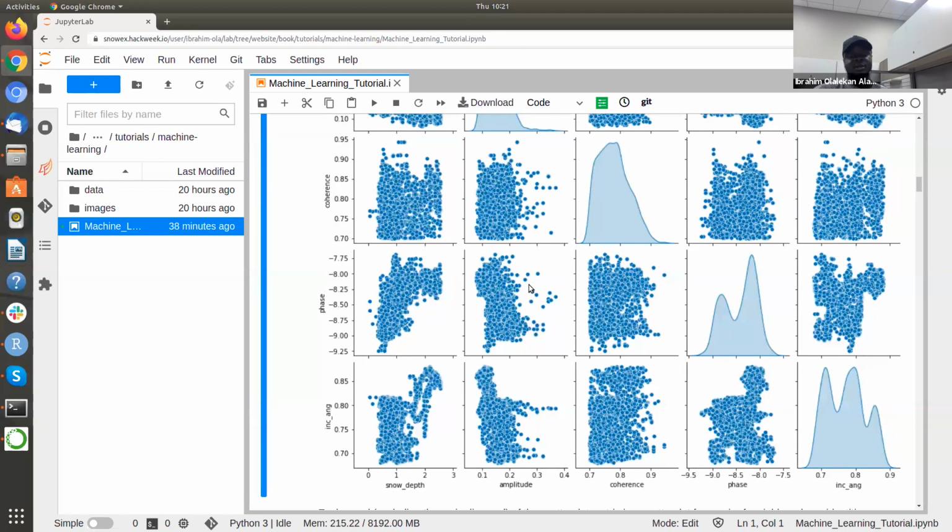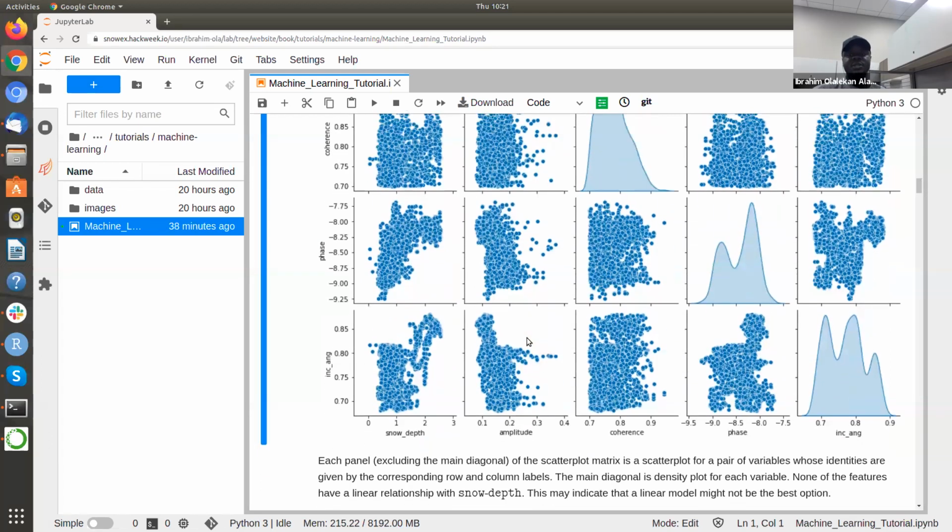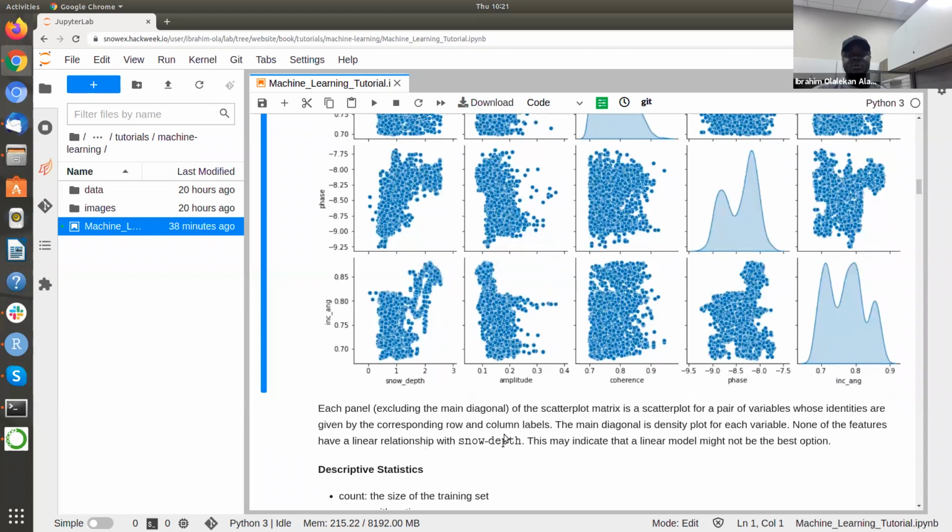For all of them, there is no linear relationship between the outcome we want to predict and the independent variables we want to use in predicting the outcome. So this might give us a sense that a linear model might not be the best to use in this case, because the relationship between what we want to predict and the features we want to use to predict are really not linear.